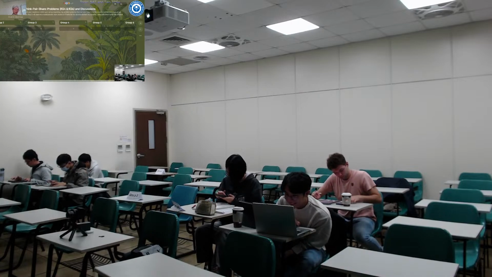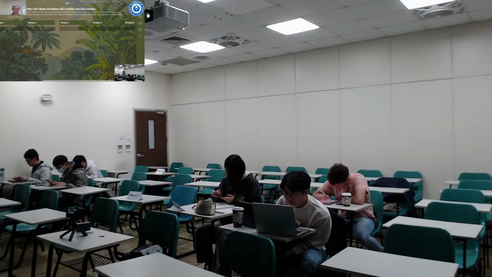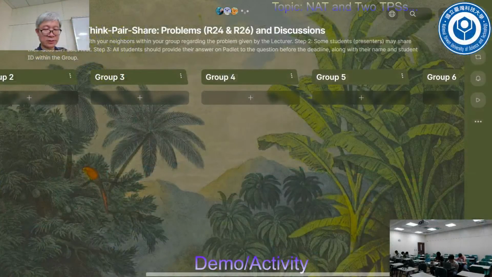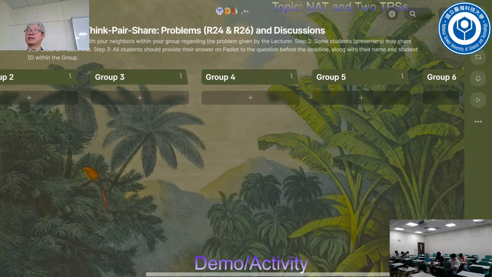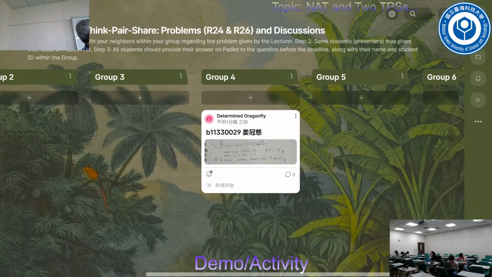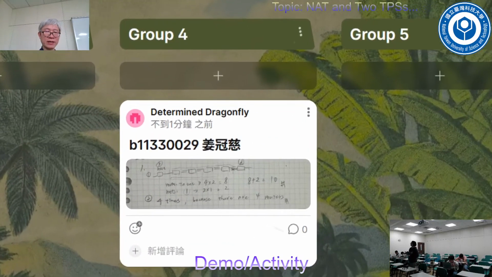All right, so let me transfer the mode to demo mode. And later we will have one presenter for problem 1 from group 4. And how about group 6, yes or no? It doesn't matter, just share your idea initially. Of course, you are allowed to have the possible modification later. So let me try. Okay, this way.